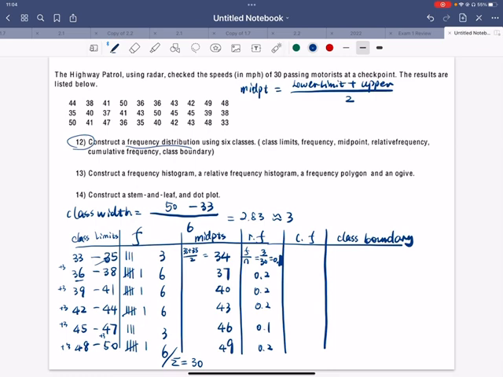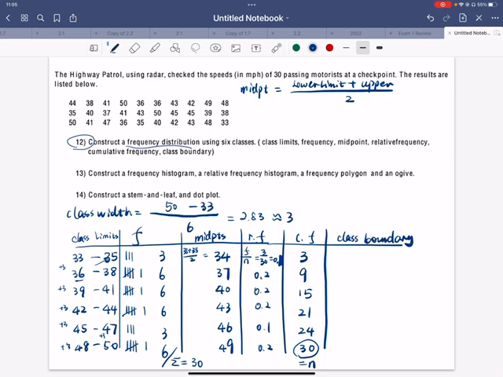For cumulative frequency, we add up all previous frequencies. The first will be 3, the second will be 3 plus 6, that's 9. The third is 9 plus another 6, that's 15. Add another 6, 21, add a 3, and then add a 6. This number does match the sample size.